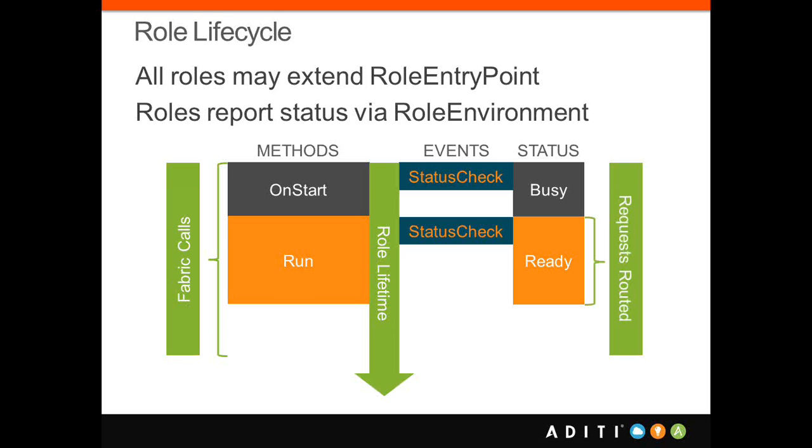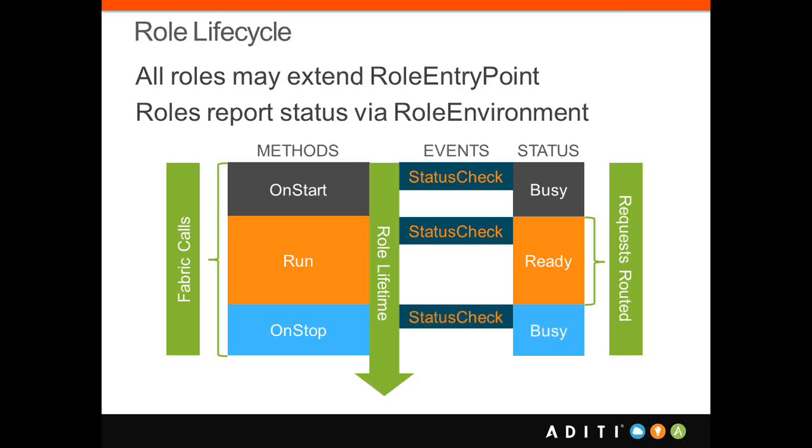And your actual requests are routed to your service from the endpoint. If by any chance you are stopping your service or there is a problem in the virtual machine, it is going to call this onStop method. And when it calls onStop, the status goes back to busy, so that the virtual machine is not available for external users.